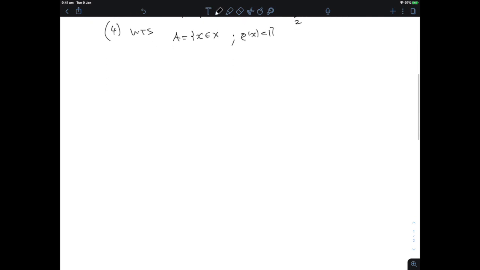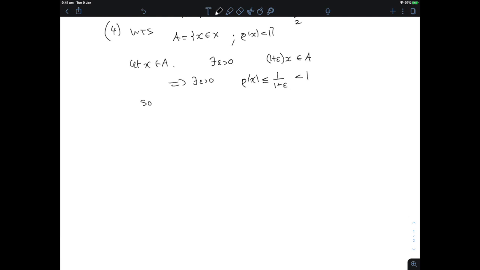So let's prove the first inclusion: when x is in A, rho of x has to be smaller than 1. Well, if x is in A, because A is open, we have a small ball around x that has to stay in A. So there has to exist an epsilon such that (1 plus epsilon) x is still in A. But this is exactly saying that there exists an epsilon such that rho of x is smaller than or equal to 1 upon 1 plus epsilon, and that's certainly strictly smaller than 1.